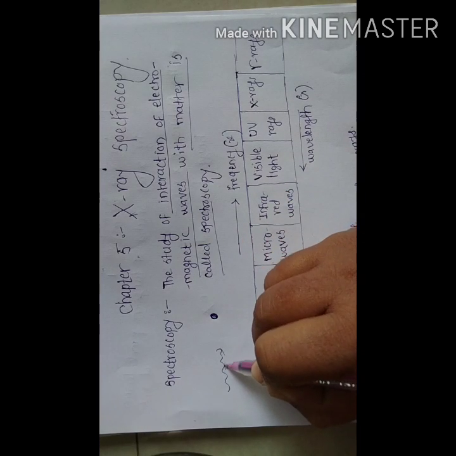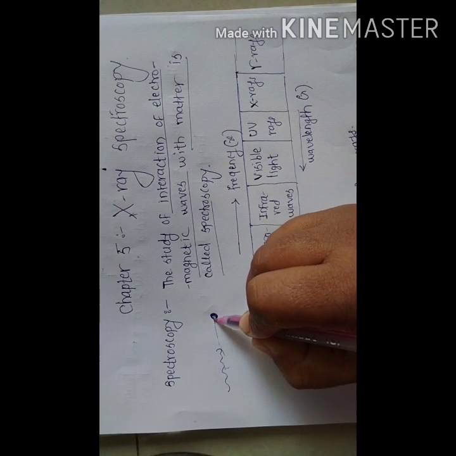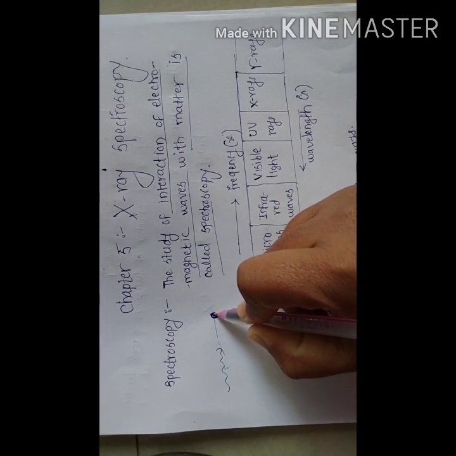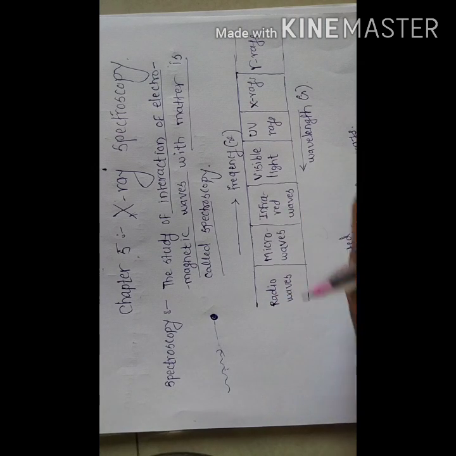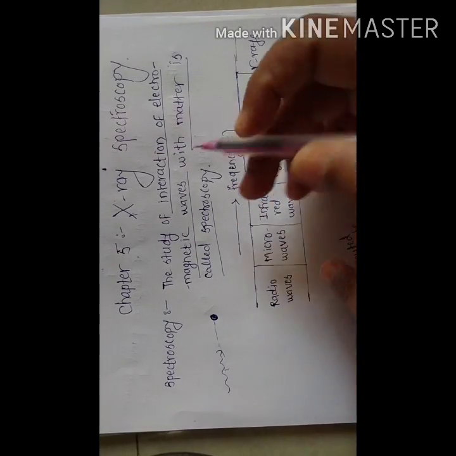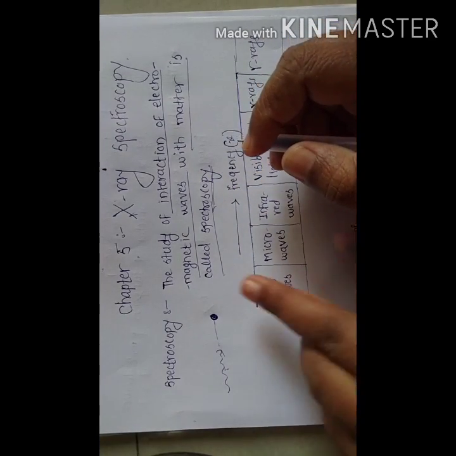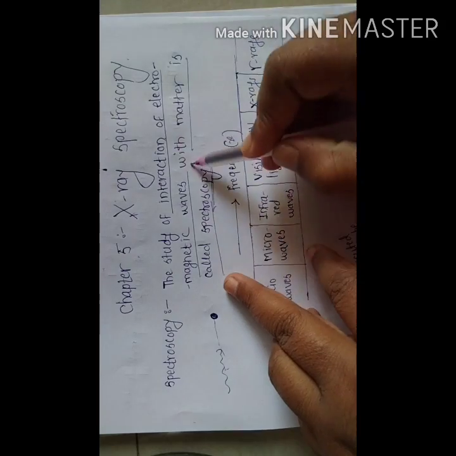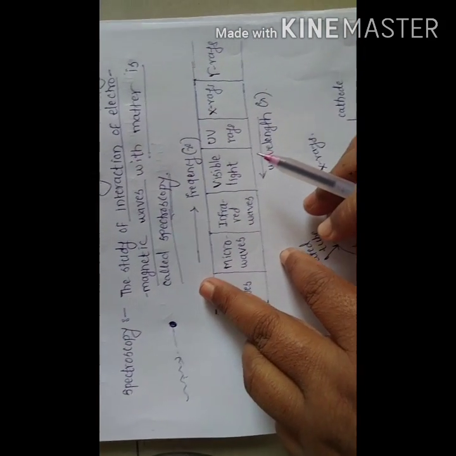So this electromagnetic wave is incident on this matter and interacts with the matter, and we will get the spectra. So we will study the spectroscopy. This interaction of electromagnetic waves with matter is called spectroscopy.